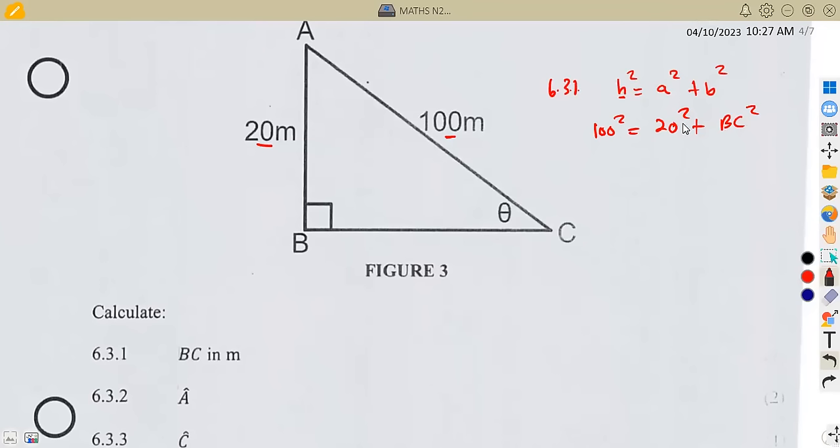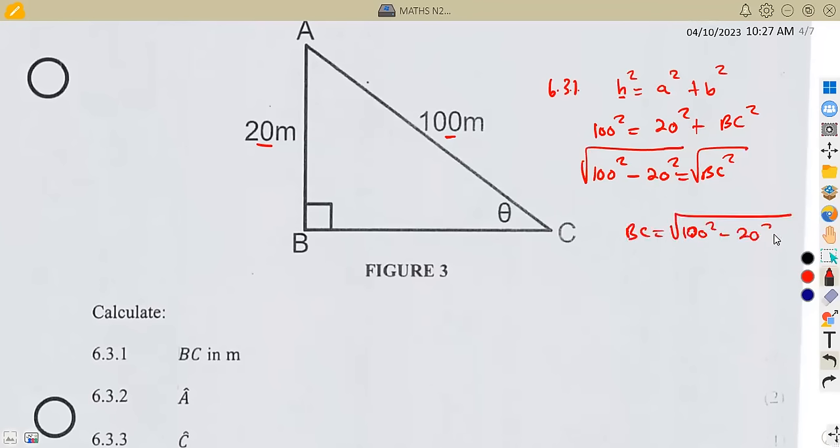Transposing, 100 squared minus 20 squared is equal to BC squared. To find BC, we take the square root: BC is equal to the square root of 100 squared minus 20 squared. To 3 decimal places, that's 97,980 meters. All right, so that's our BC.